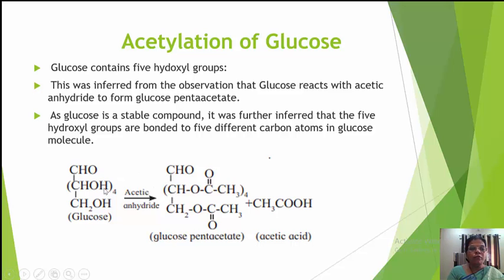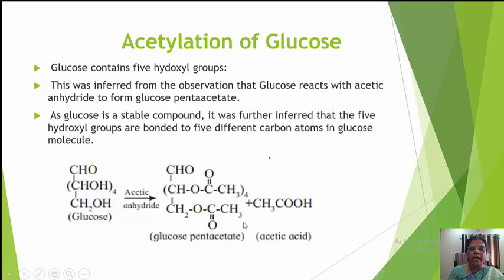There are 4 hydroxyl groups, therefore this CHOH 4 times is converted into CHO-CO-CH3 4 times, and this CH2OH is converted into CH2O-CO-CH3. That is, glucose pentaacetate is formed with CH3COOH, that is acetic acid.